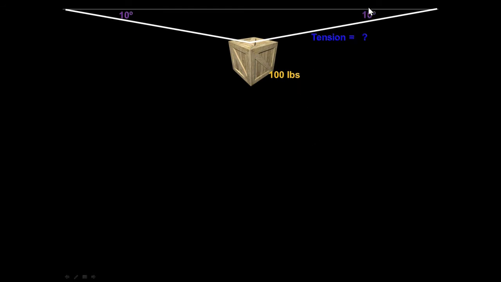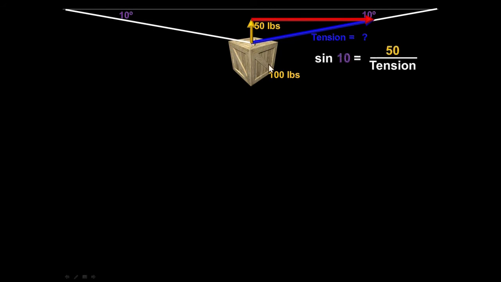So let's do it now with not 30 degrees, but 10 degrees. Same thing, we've got tension here, which has a component up and a component horizontal. This one has to be pulling up with 50 because that one is pulling up with another 50. The sine of 10 degrees equals opposite over hypotenuse. And then so we want to find out what that tension is.